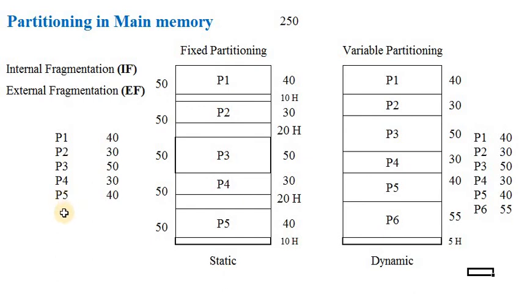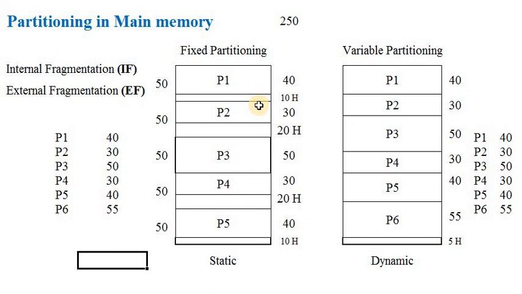If the same process arrived in the fixed partition with the same size 55, what will happen? First we need to check the availability. What are the availabilities here? 10, 20, 20 and 10. There is no sufficient hole here. 55 is the required size of P6, but there is no sufficient hole available in the main memory.